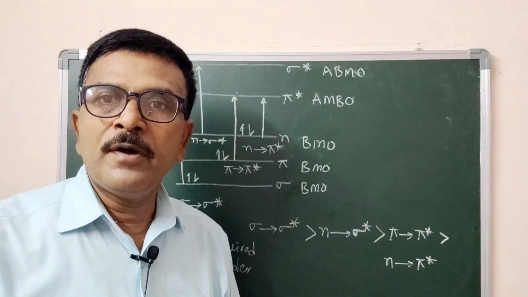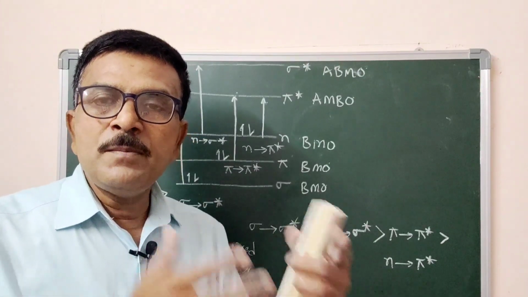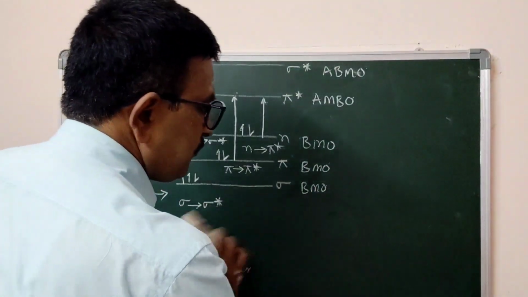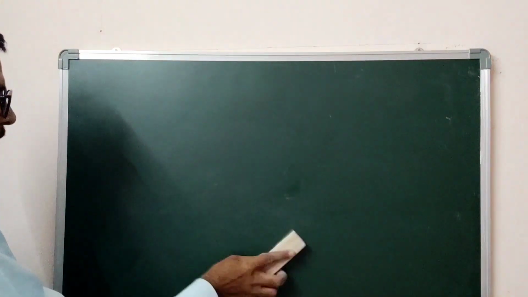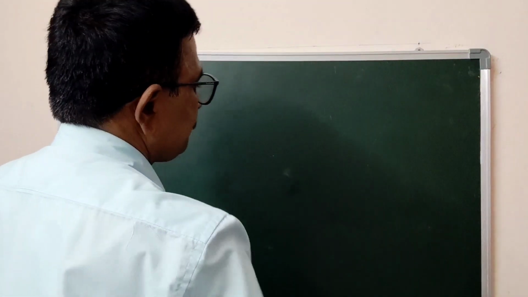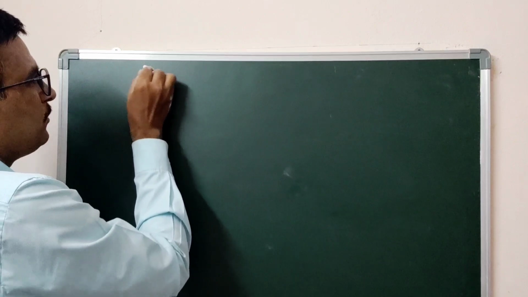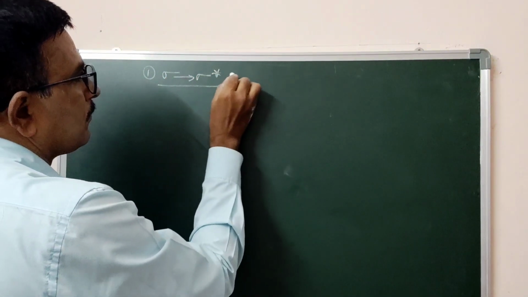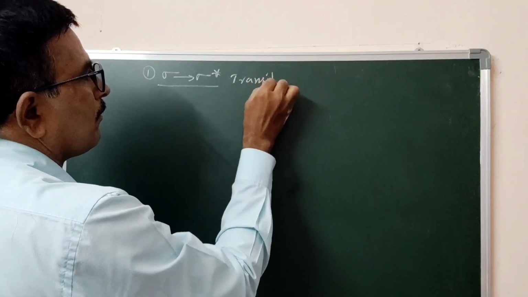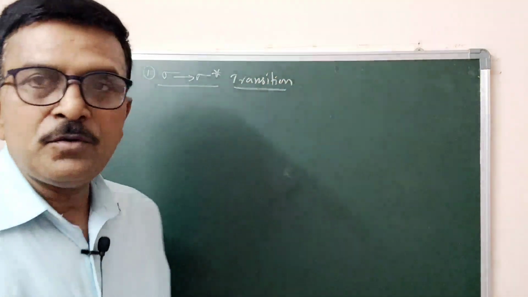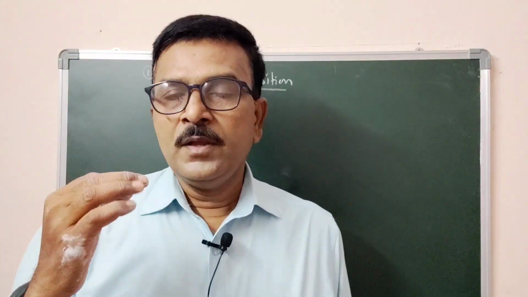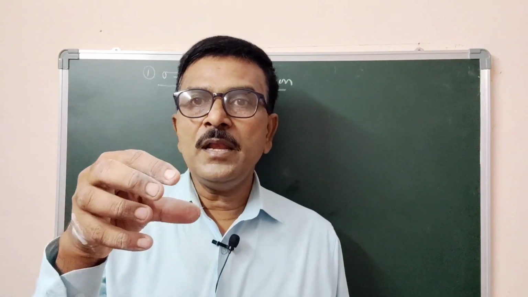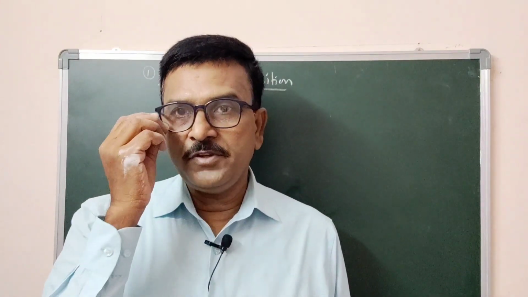Let us discuss one by one in which type of molecules these transitions become possible. First one, sigma to sigma star transition. Now this transition is possible in a molecule which contains only sigma electrons.